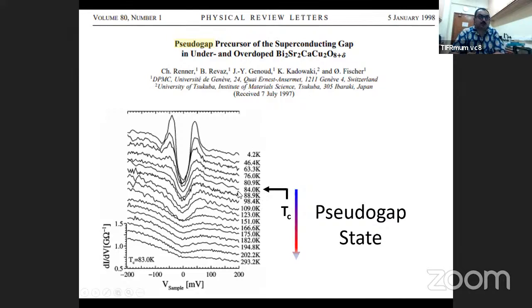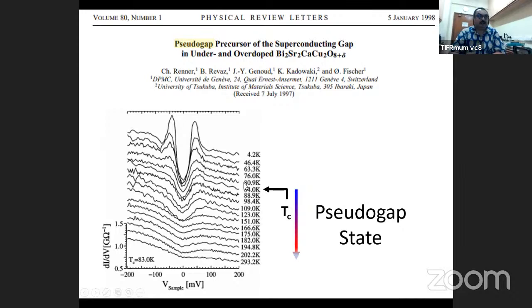So this is the superconducting transition temperature, as I said, 83 Kelvin, it's around here. But you see that even at the superconducting transition, you have a significant gap in the tunneling spectrum. Here, for clarity, each of the tunneling spectra is actually shifted up by some amount. Otherwise, the normal state value for all of them would have been the same, but then it would have become difficult to see.